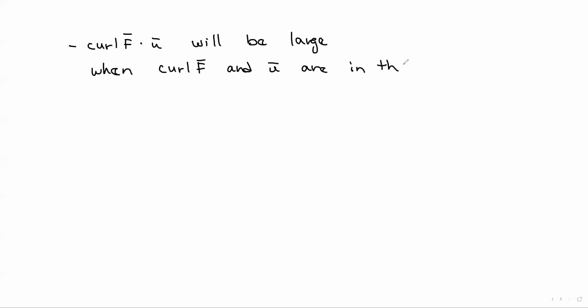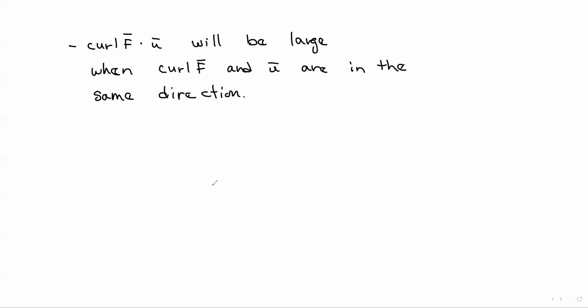That's just the way the dot product works. So if you recall from our dot product video from the beginning of the semester, if you calculate the dot product between two things that are orthogonal, you get 0. If you calculate the dot product between two things that are parallel, you get a maximum value.